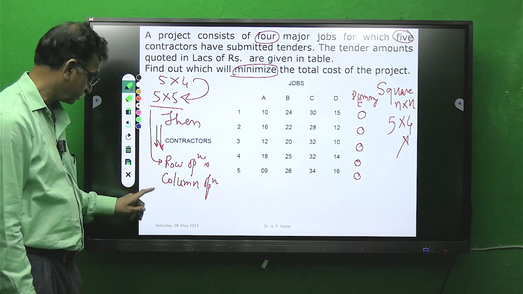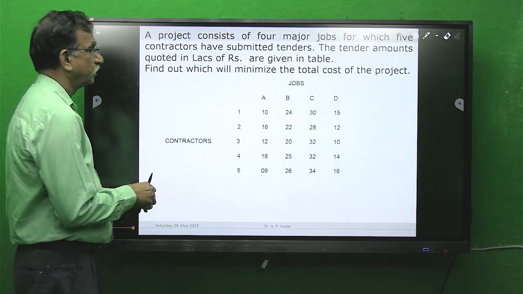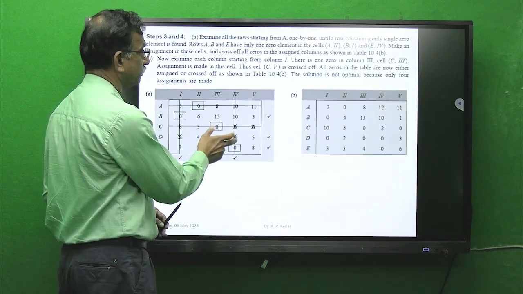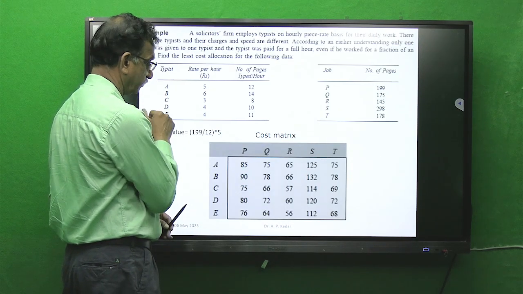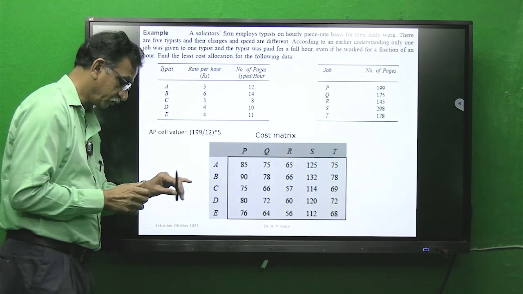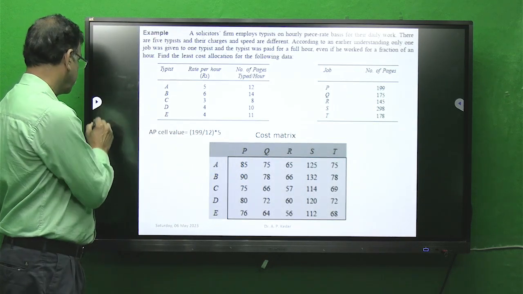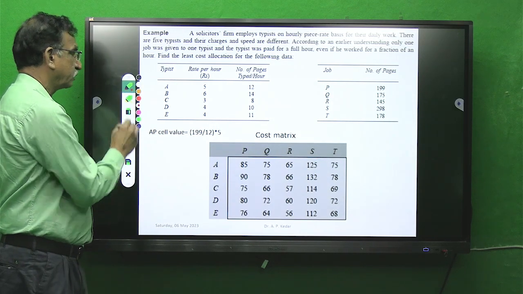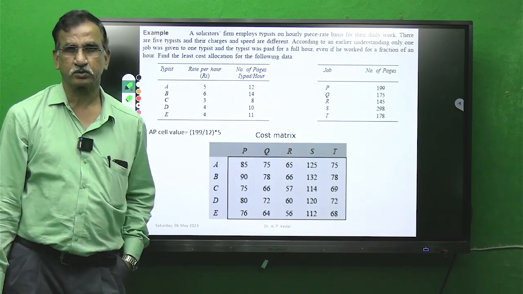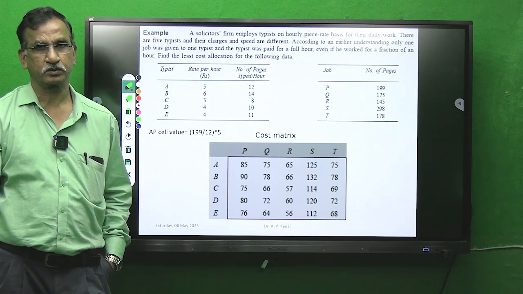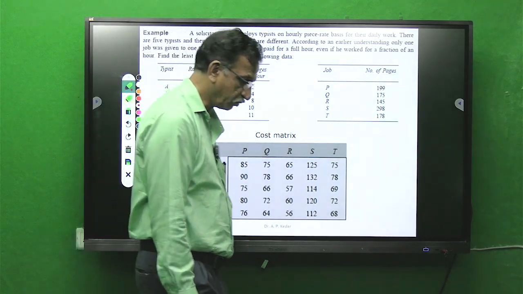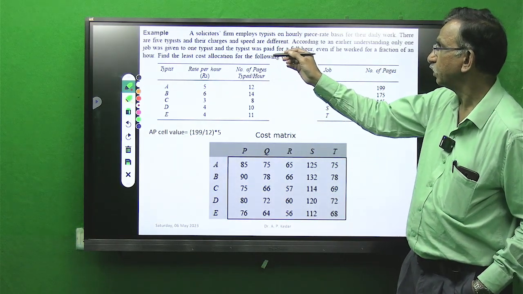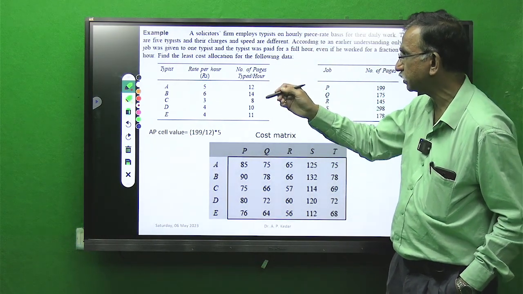Clear? Next is, this is the problem which we have solved. Now this is very important. Till now what we have seen, the matrix was a sort of ready-made matrix. The assignment matrix given was a ready-made matrix, but now in this particular case what you can find is data is given.